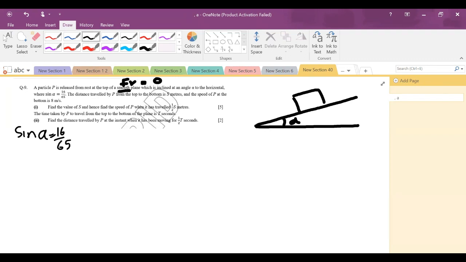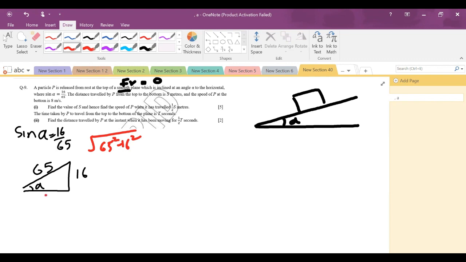If you have sin alpha, you can also find cos alpha. If sin alpha is 16 by 65, draw a right angle triangle. This would be alpha. So means this should be 16 and this should be 65. Now apply Pythagoras theorem and get the third length. 65 square minus 16 square. Yeah, that has 63.